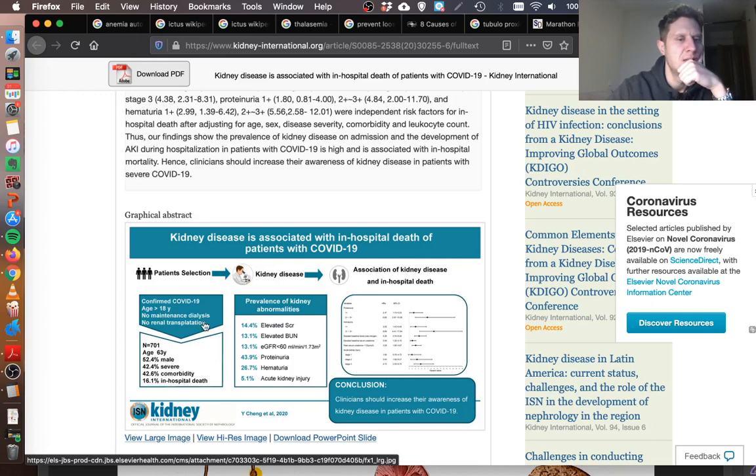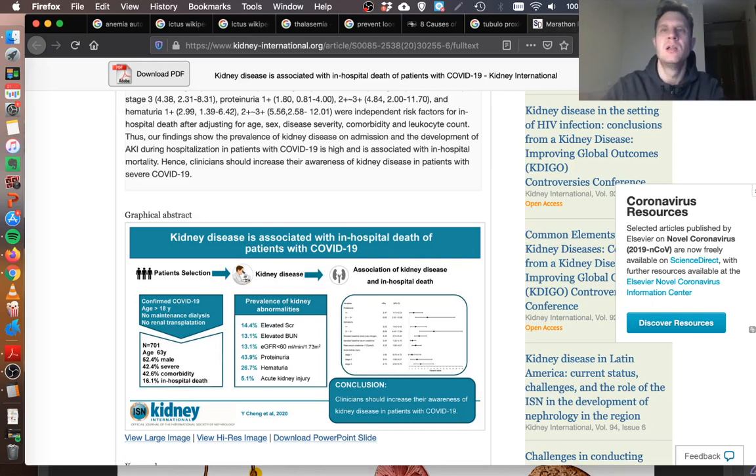But at age 63, male, with severe comorbidity, and in-hospital death, we have a really high level of persons that develop kidney disease.